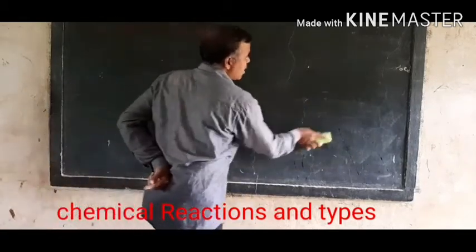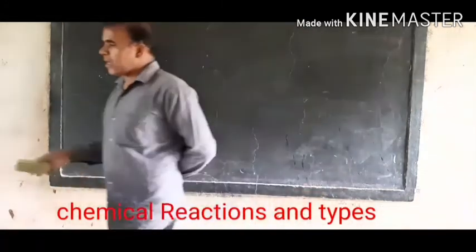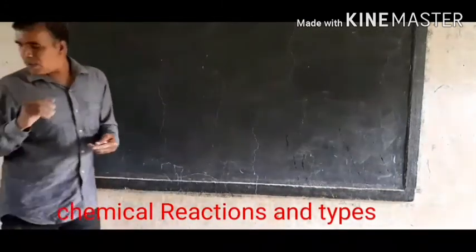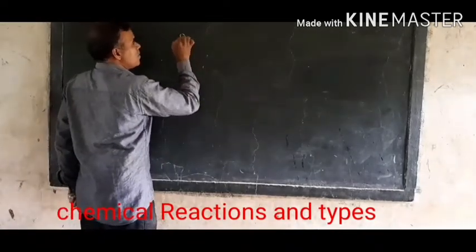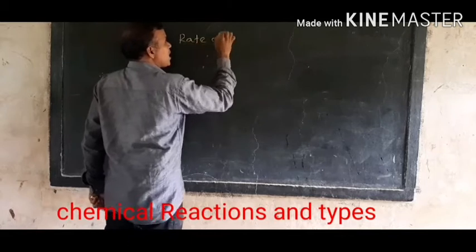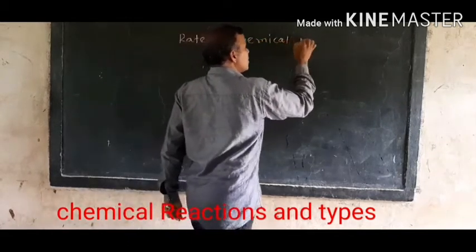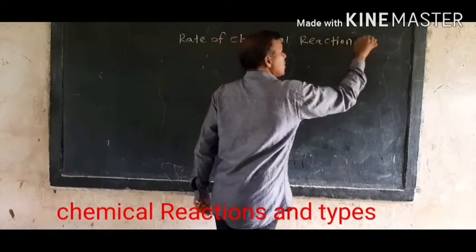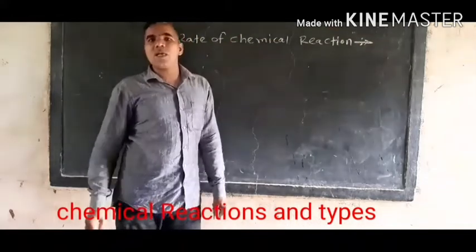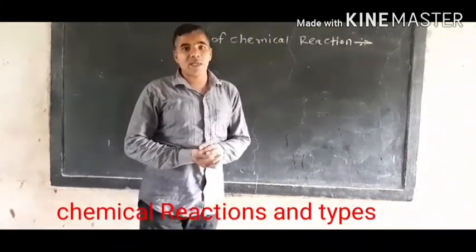In 8th standard we have to study, already we have learned oxidation and reduction. Oxidation आणि reduction हे आपण अभ्यास केला आहे. Rate of chemical reaction. 8th, 9th standard we already learned oxidation and reduction.